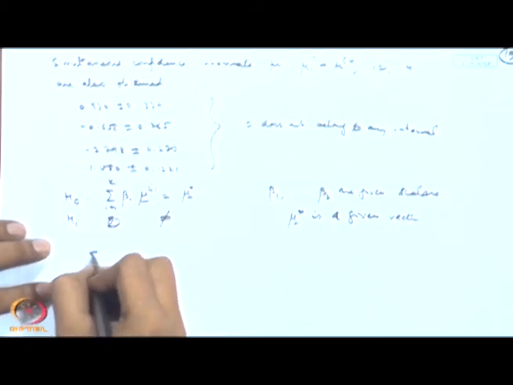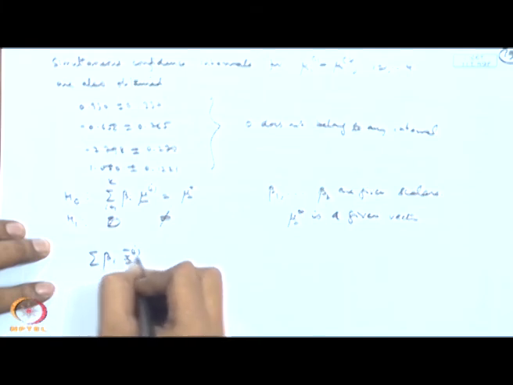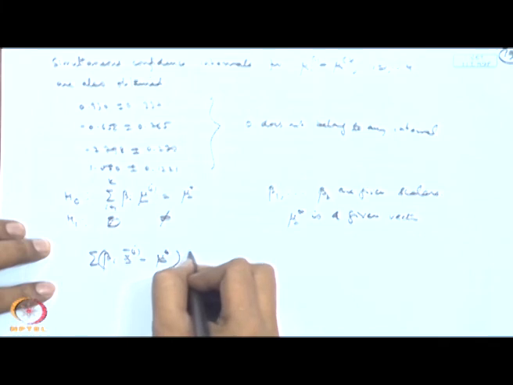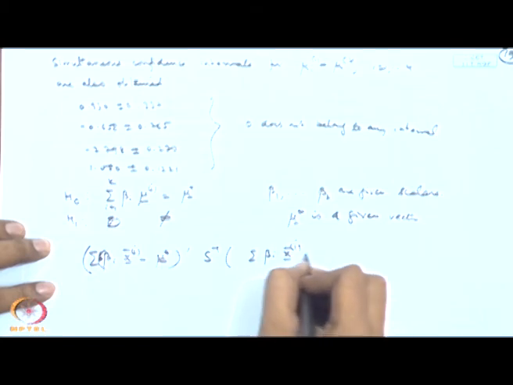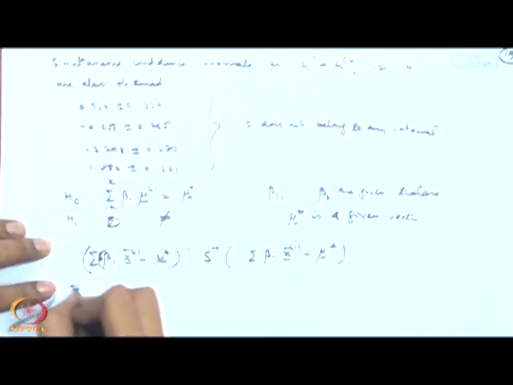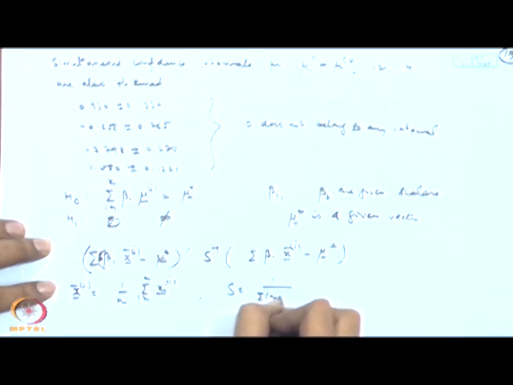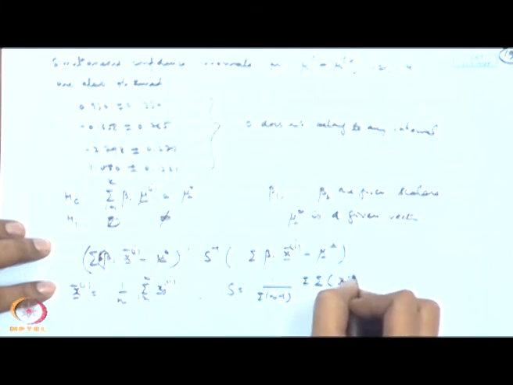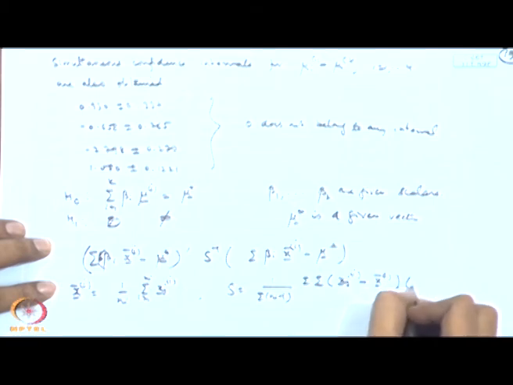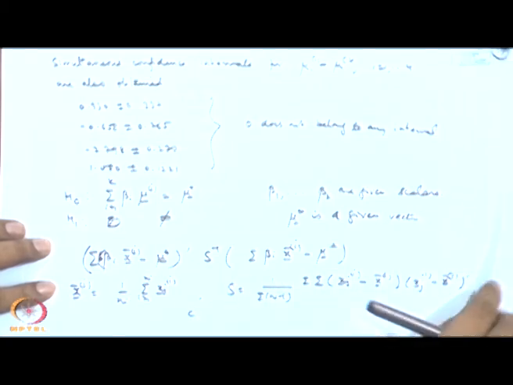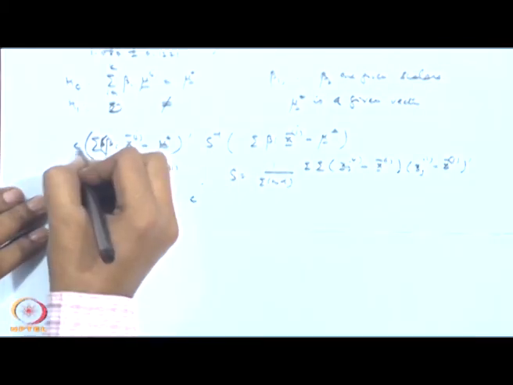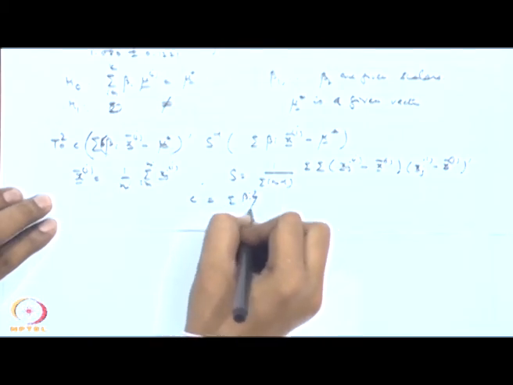Then we can construct the statistic (sigma beta i x bar i minus mu star) prime S inverse (sigma beta i x bar i minus mu star), where x bar i is 1 by n i sigma x j i, j equal to 1 to n i, and S is 1 by (sigma n i minus 1) sigma (x j i minus x bar i)(x j i minus x bar i) transpose, and C is sigma beta i square by n i.